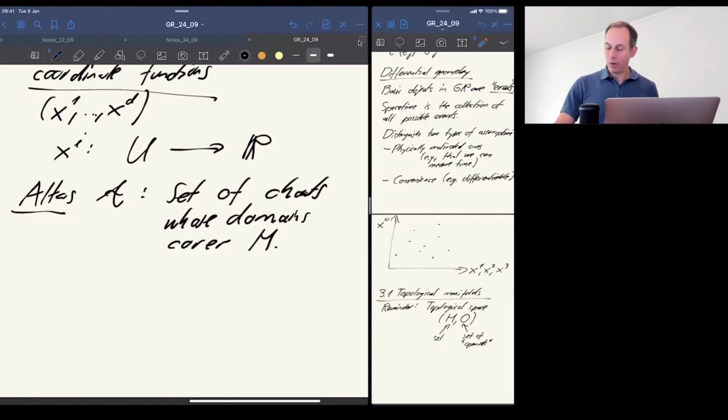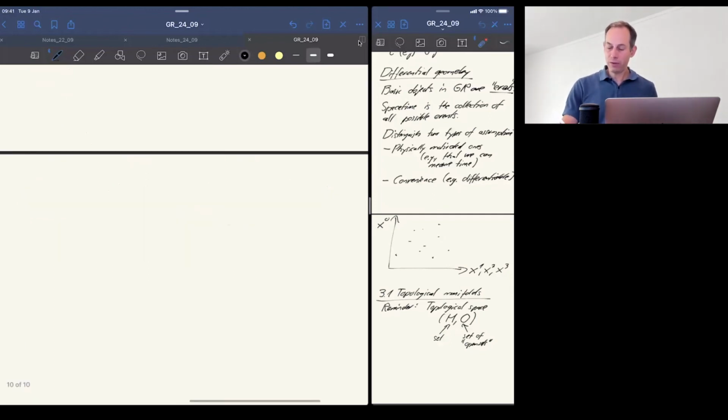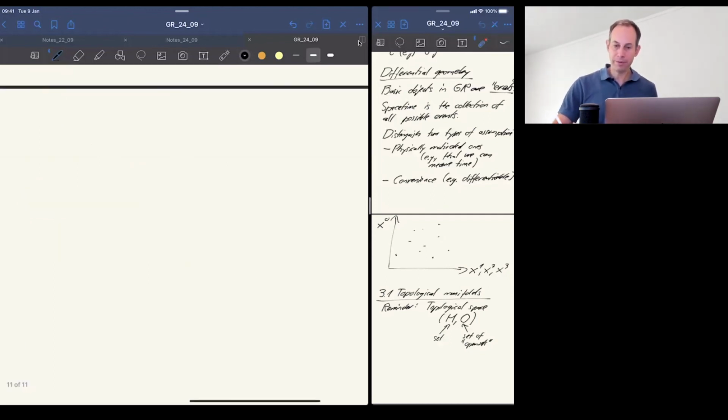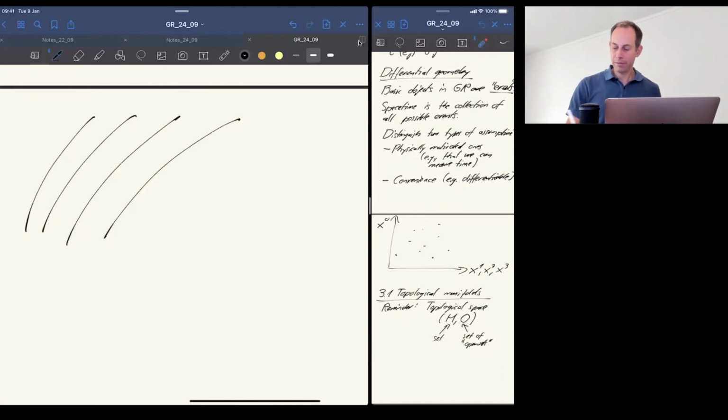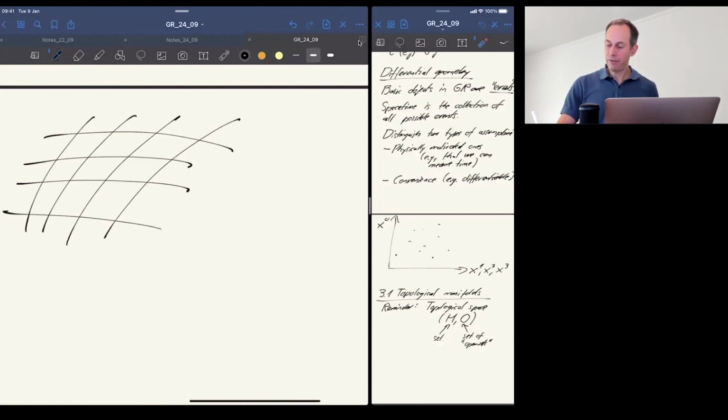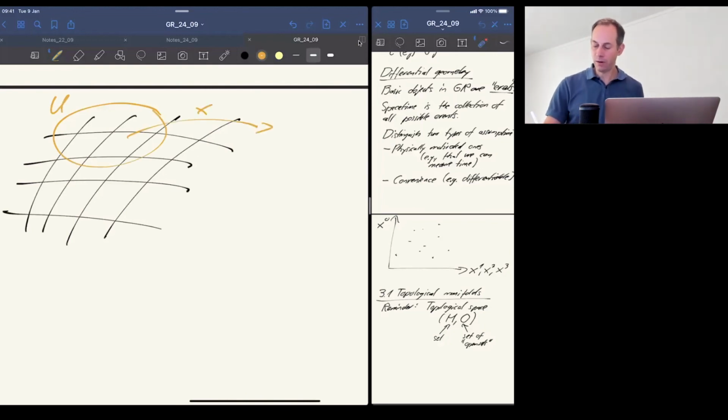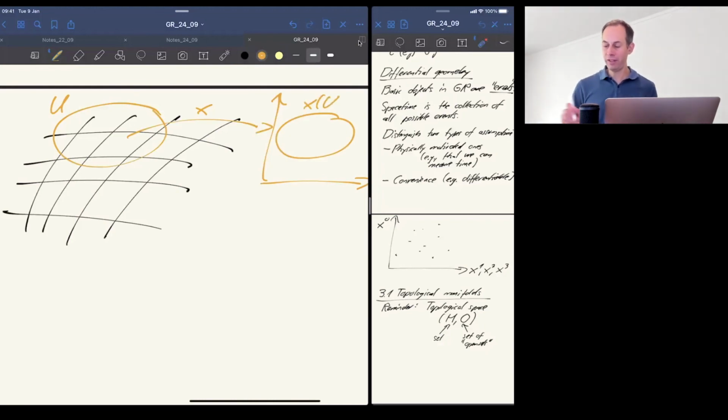So there's one more notion that I want to introduce, which is that of a chart transition map. And that's maybe the last thing to do for today. So let's suppose I have two chart maps. I have here region U, and this region has a chart map X that goes into R^D. So there's this region X of U, that's the image of the region.